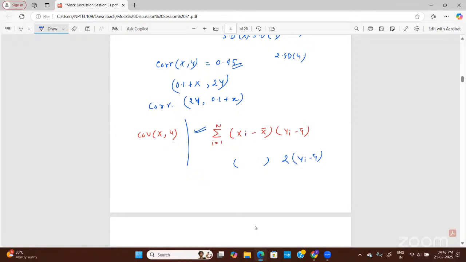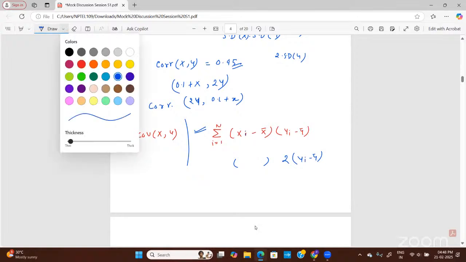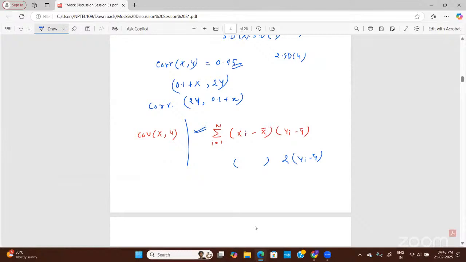When you are finding the covariance, you have to divide by n or n minus 1. If you are calculating population covariance, you will divide by capital N. If you are finding the sample covariance, you will divide by n minus 1.